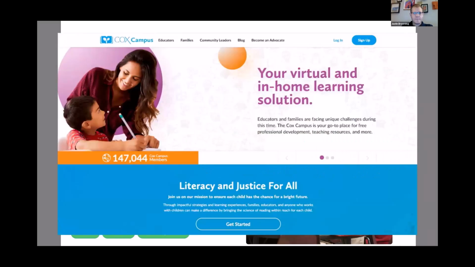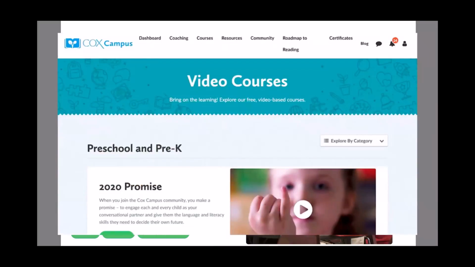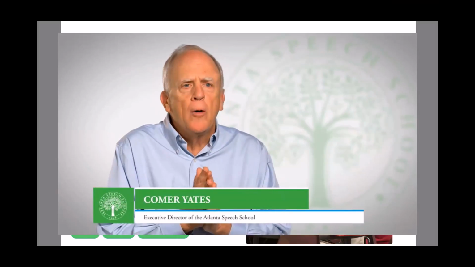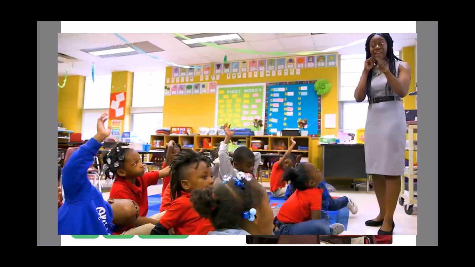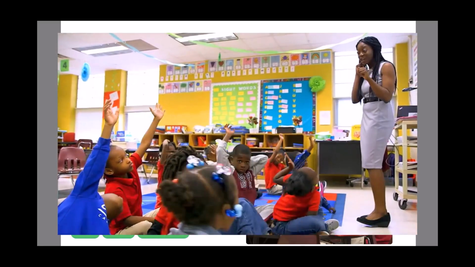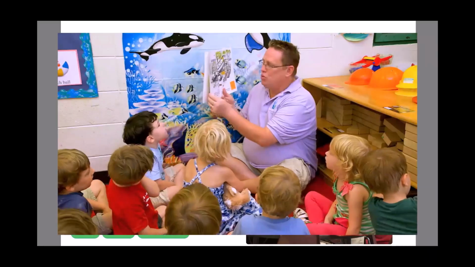So the Cox Campus is free and accessible all around the country, thanks to our generous funders at the Cox Foundation. Given our mission of educational equity from the start, and our work beyond the school through our Rollins Center for Language and Literacy and its free online Cox Campus, our work is to break the cycle of illiteracy for children whose families have experienced generational lack of access or denied access to educational opportunity.